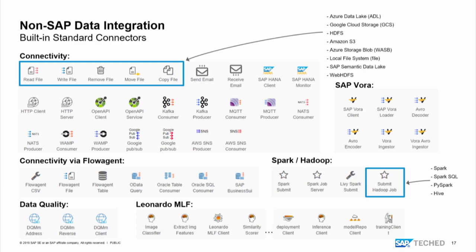From simple connectivity to file storages, to databases, like I said, where we also leverage certain connectivity types from Data Services to connect to Oracle, SQL Server, DB2, for example. Spark, Hadoop services, we are able to call services within our cloud platform. All of that is within this paradigm, and I will show it to you in a second.